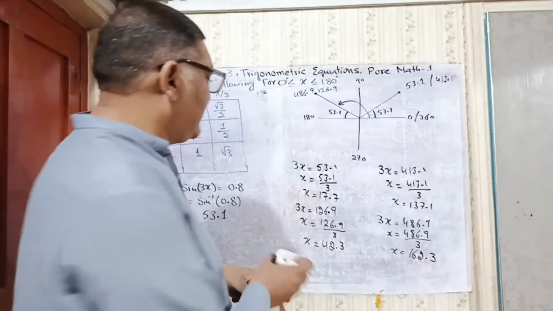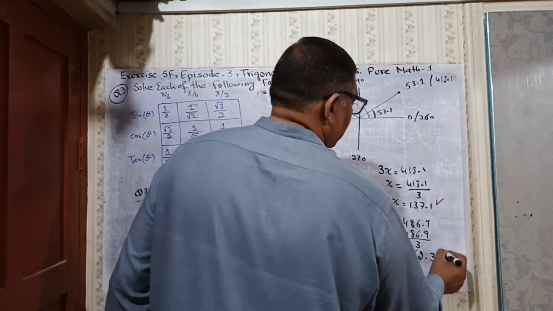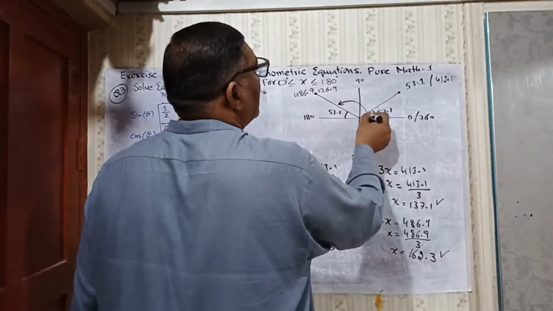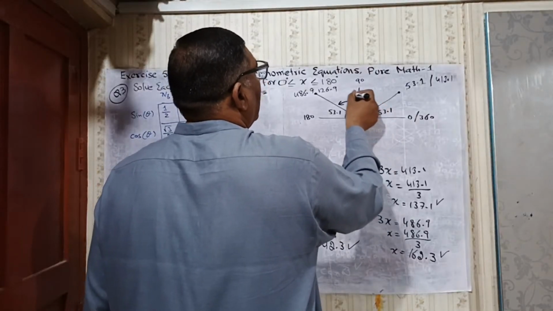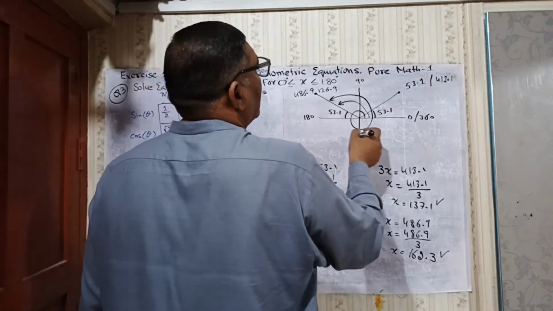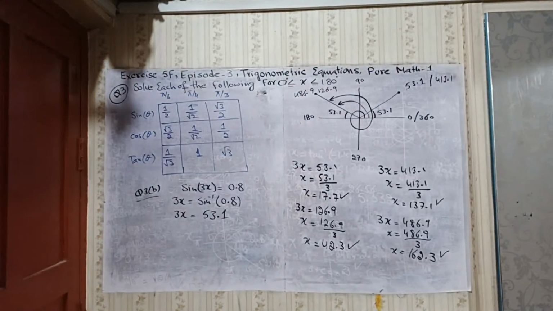So how many answers did I get? This answer, this answer, this answer, and this answer. One thing is very interesting. This angle is 486.9. So this is how we got these 4 answers.